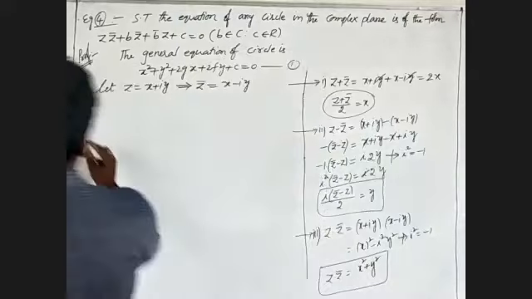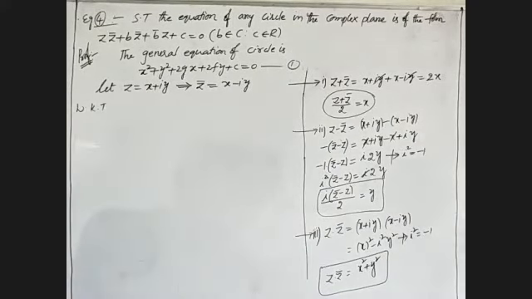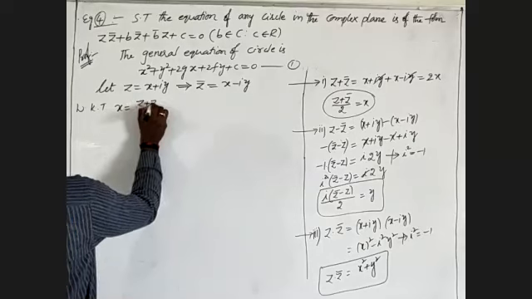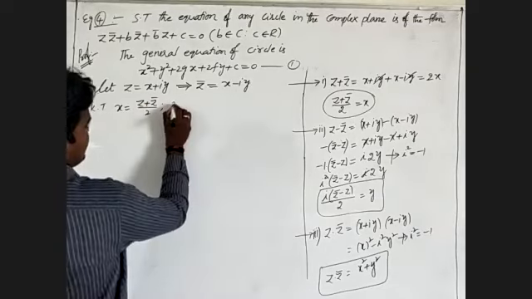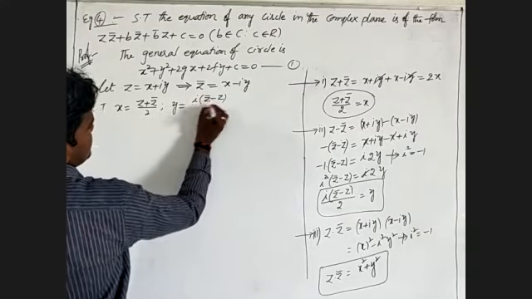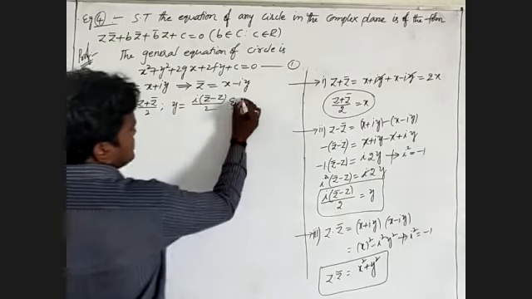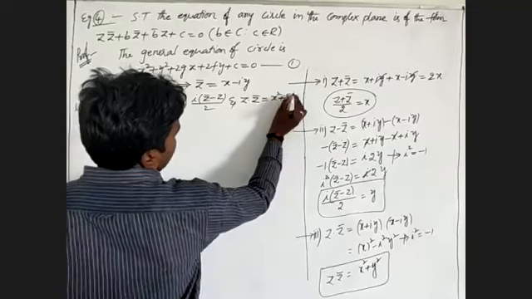So x is equal to (z plus z bar) by 2, y is i into (z bar minus z) by 2, and z into z bar is x square plus y square.